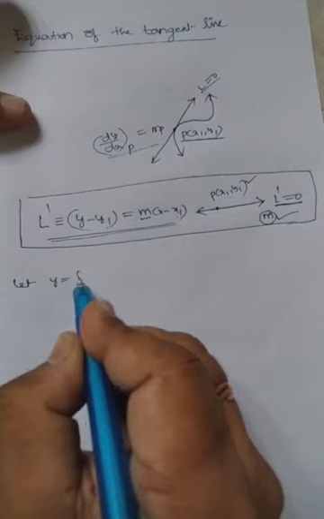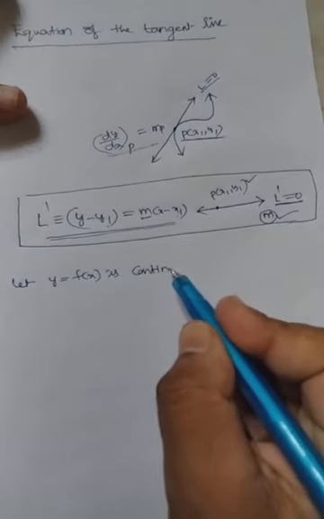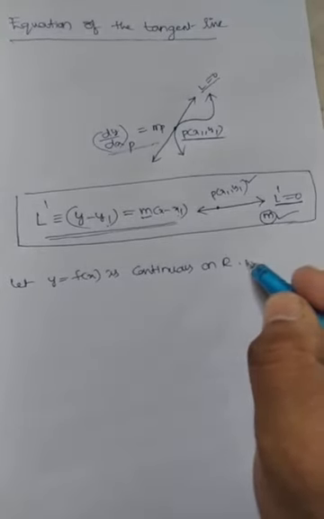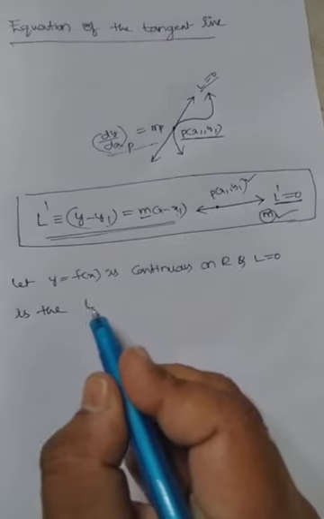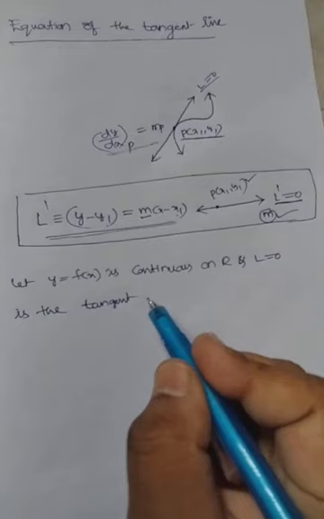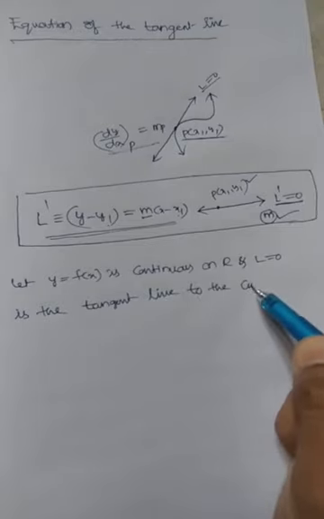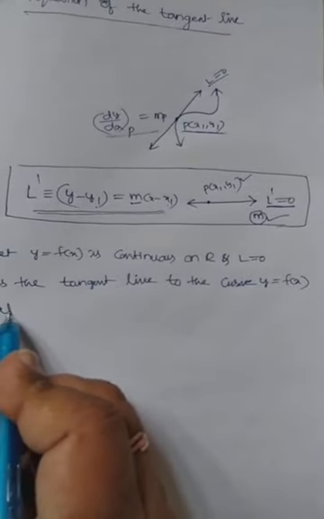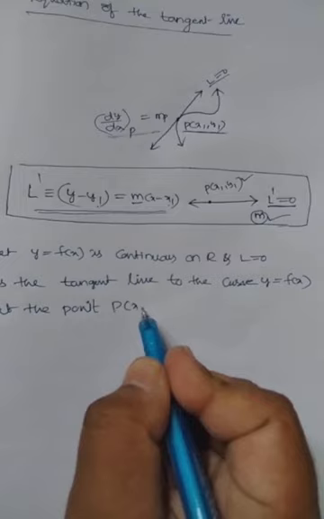Let y is equal to f of x is continuous on R, and L is equal to 0 is the tangent line to the curve y is equal to f of x at the point P of x1 comma y1.